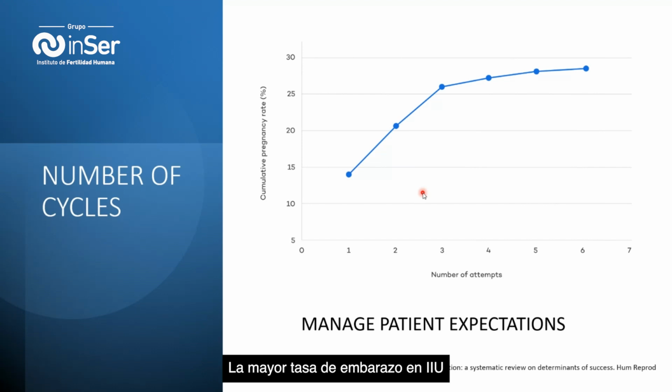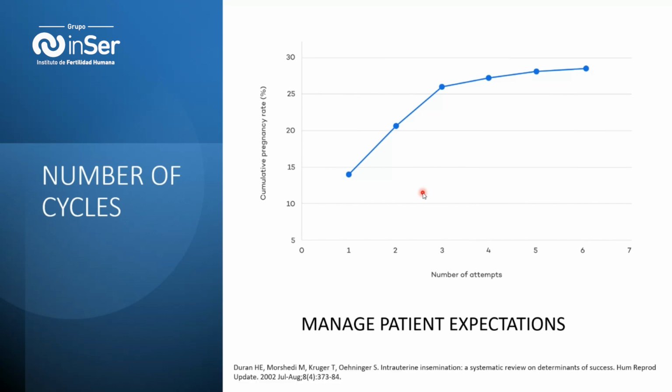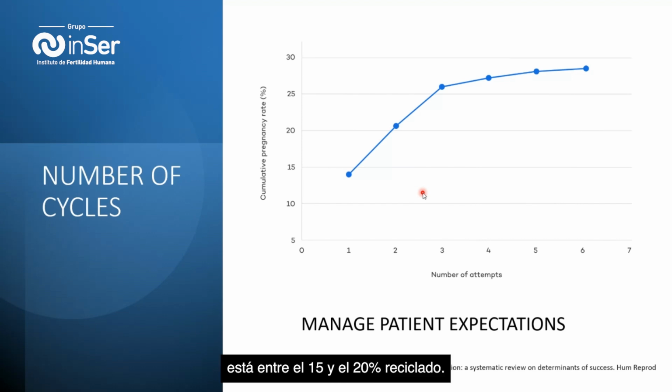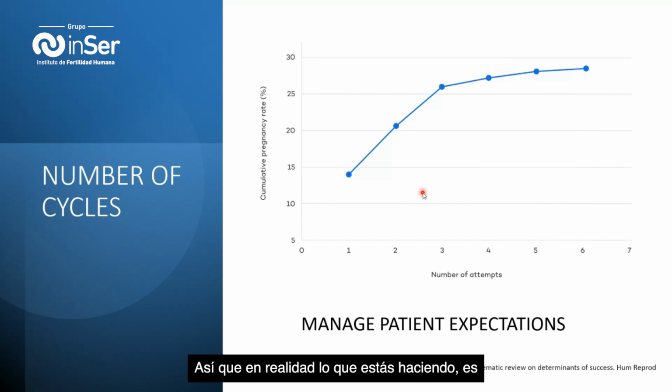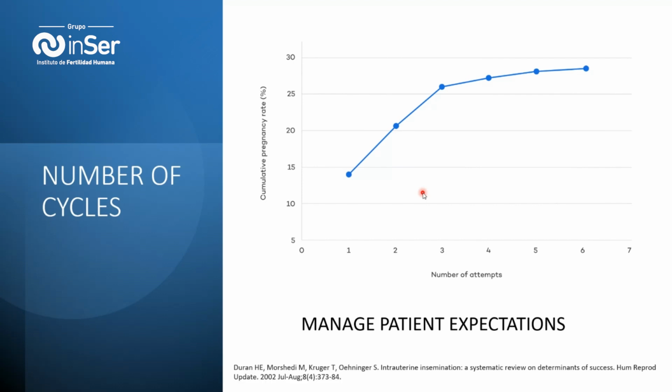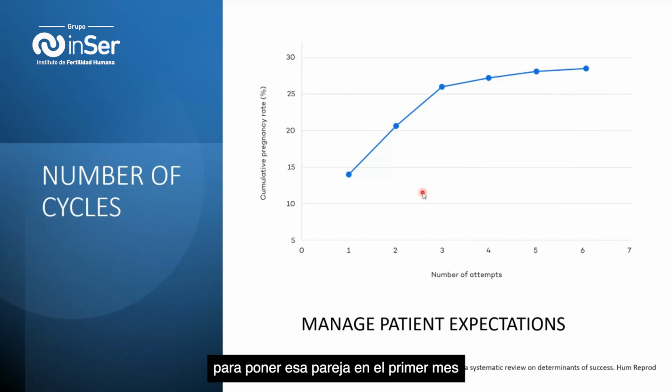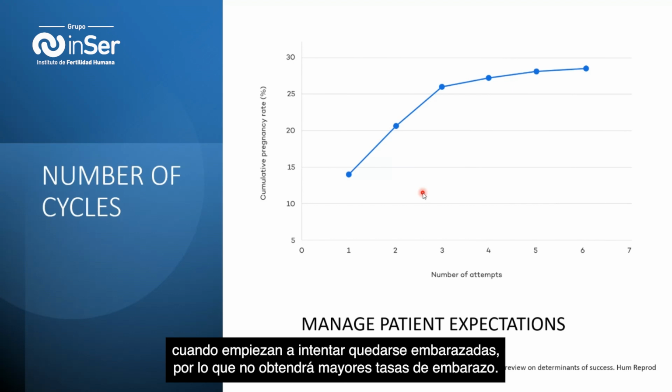The highest pregnancy rates in IUI are between 15 to 20% per cycle. So actually what you're doing is like going back through time to put that couple in the first month when they start trying to get pregnant. So you won't get higher pregnancy rates.